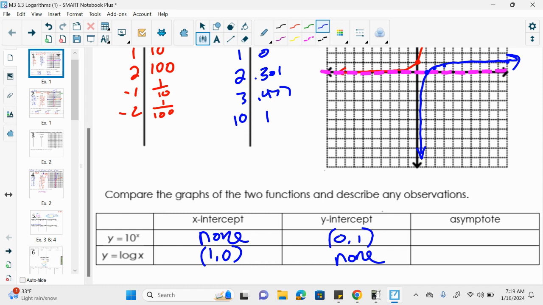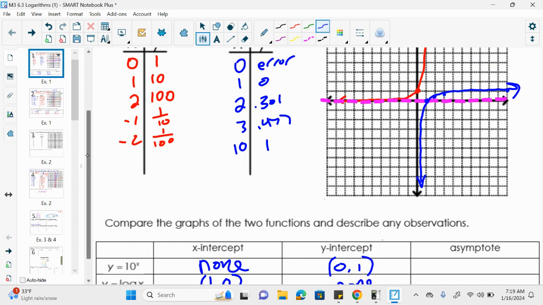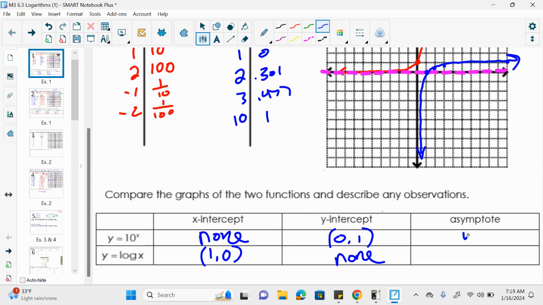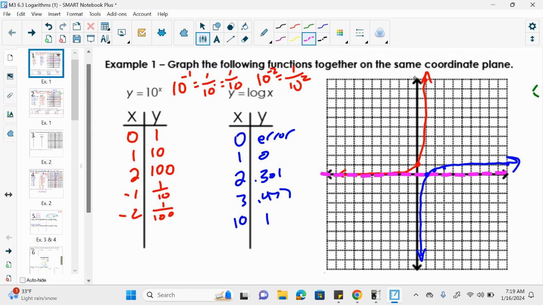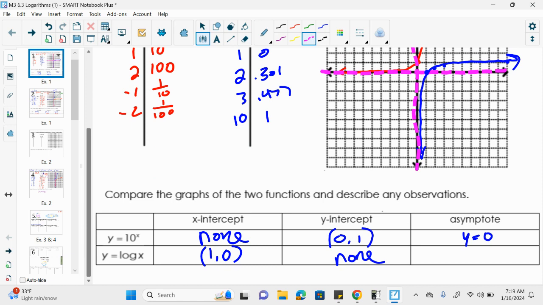And then our asymptote for y equals 10 to the x power was at y equals 0. Well, we haven't really seen this before, but this logarithm graph has a vertical asymptote, where this one is getting closer and closer to the y-axis. So we would call that a vertical asymptote at x equals 0.